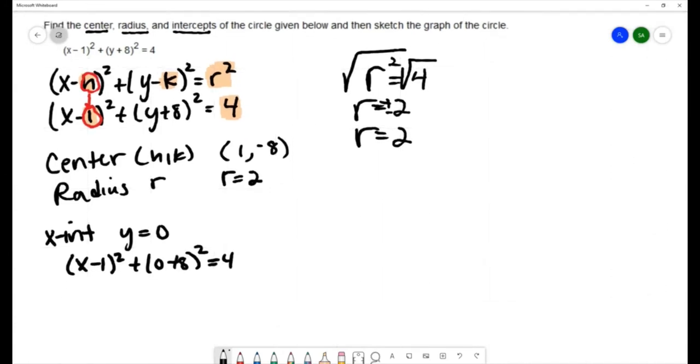So x minus 1 squared equals 4 minus 0 plus 8 squared. 0 plus 8 is 8, and 8 squared is 64.